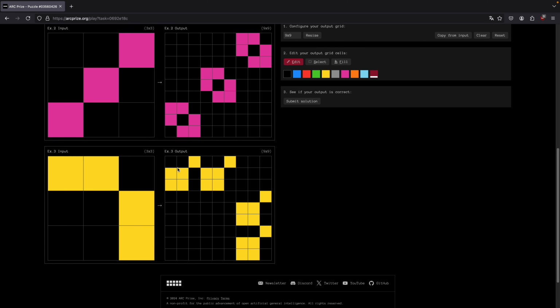Then the second thing we notice, especially in this third output, is that this shape over here is the inverted shape of the input. So if we see, the black squares are in fact the yellow squares here, okay?